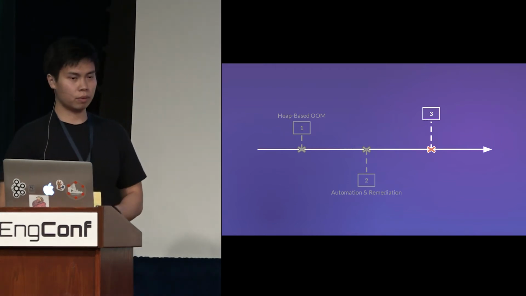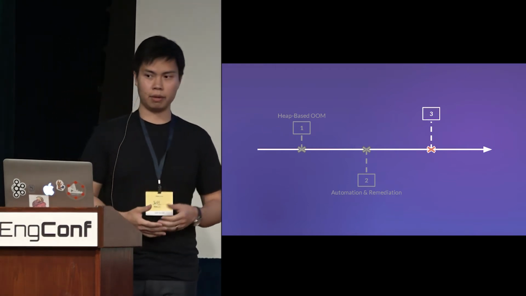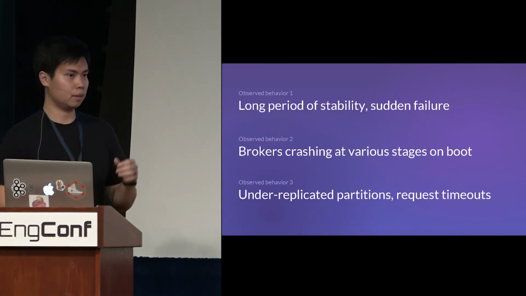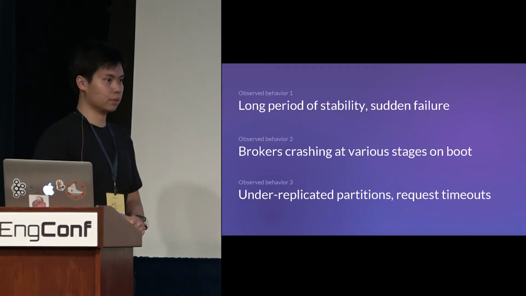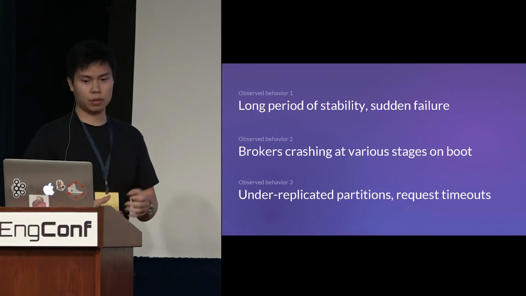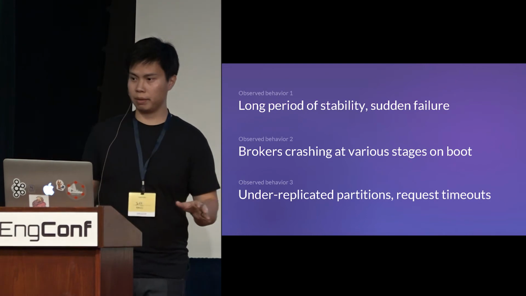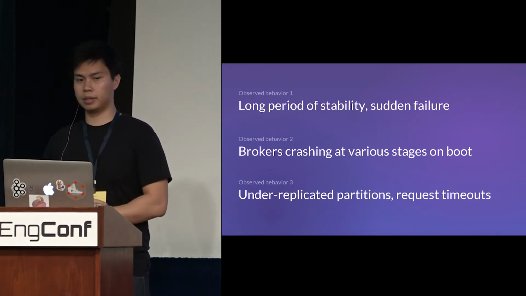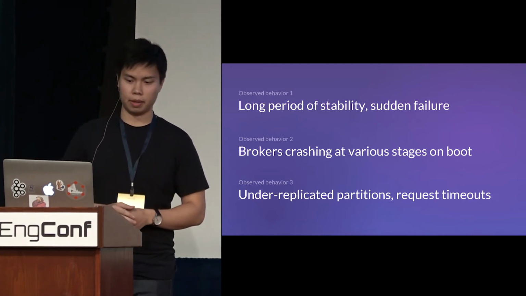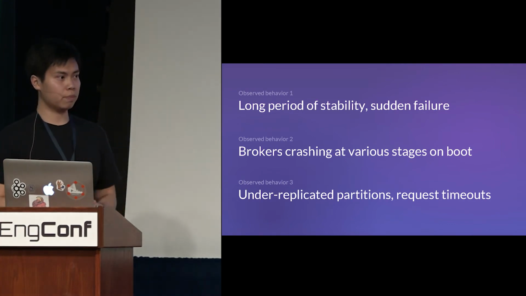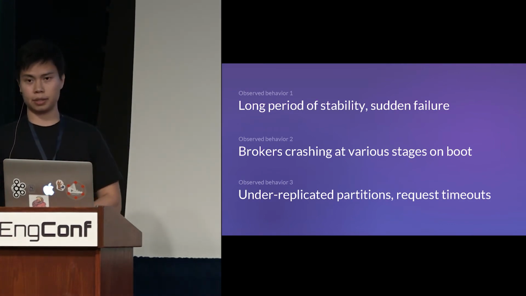The third and more recent issue had a similar behavior, but this time it was less straightforward. Let's take a look at the observed behaviors. First, we were seeing long periods of stability. Everything was behaving just fine, then one day, suddenly brokers started crashing. And to make matters worse, when brokers tried to boot up, they were crashing at various stages of the boot up process.